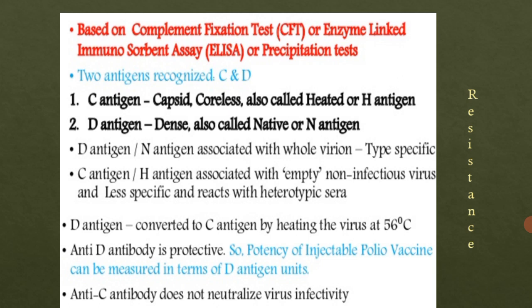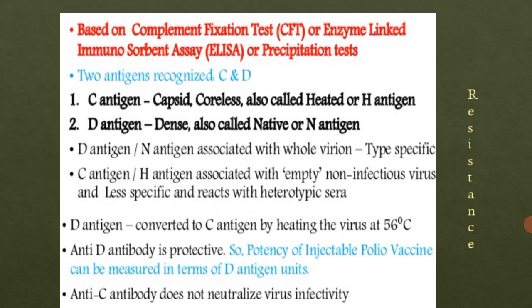And therefore with the help of these anti-D antibodies, we can measure the potency of this vaccine, that is, how much concentration of antibodies we require in our body.